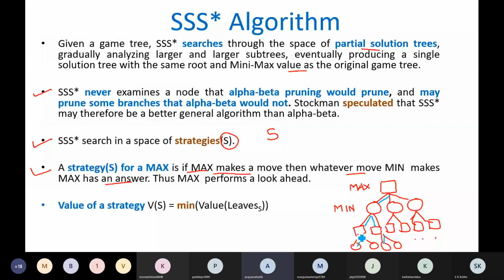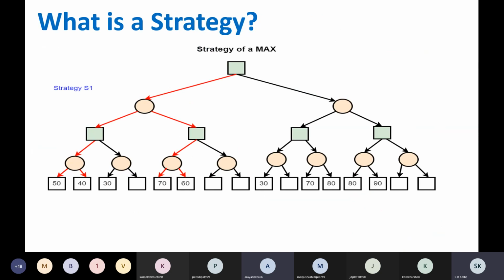Okay. Understood? Now let us consider this game tree.